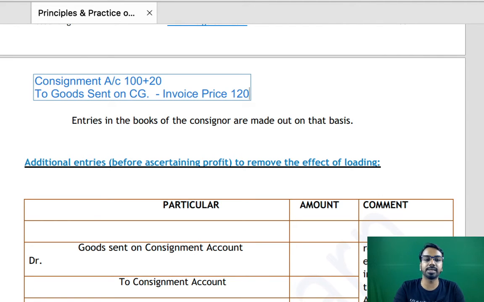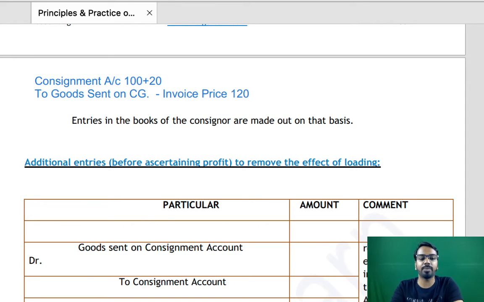So what do you do? Basically, you reverse this entry and you debit back the goods sent on consignment account by 20 and you credit the consignment account by 20. Net impact is 100 only, but whenever goods are sent above the invoice price, you will debit the consignment account by 100 plus 20, which is 120, and you will credit the goods sent on consignment account by 120.